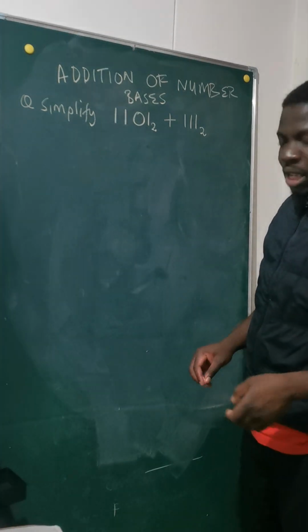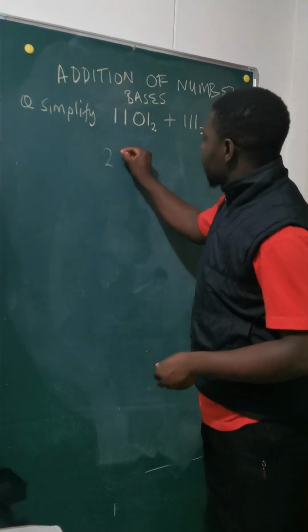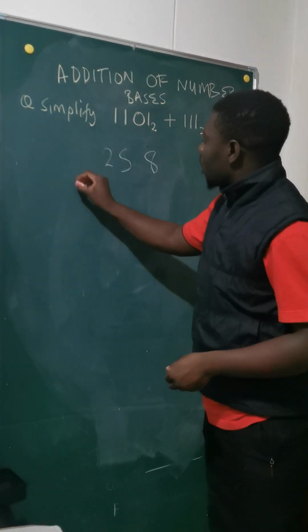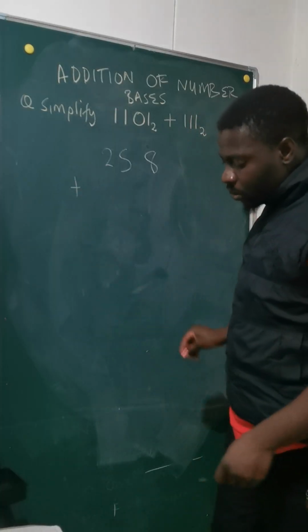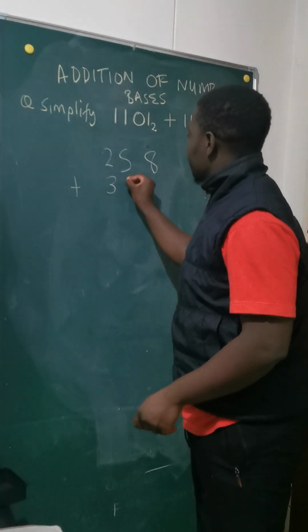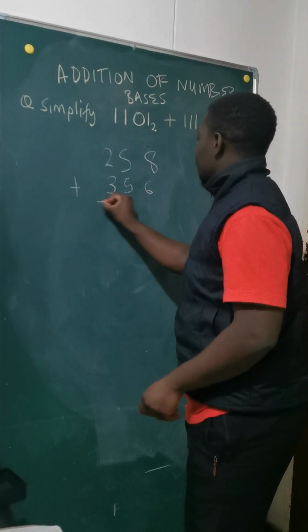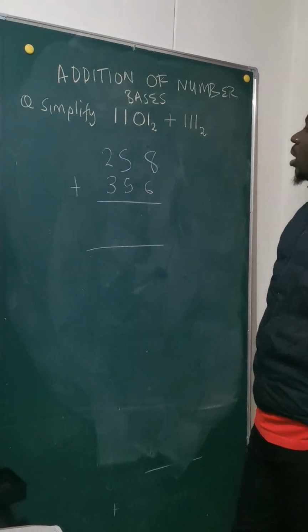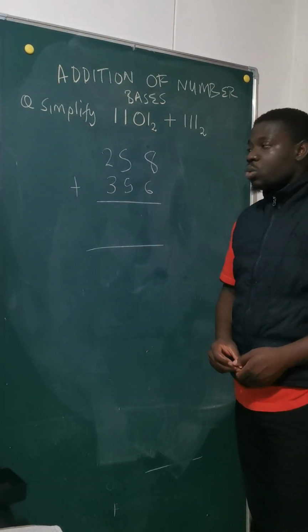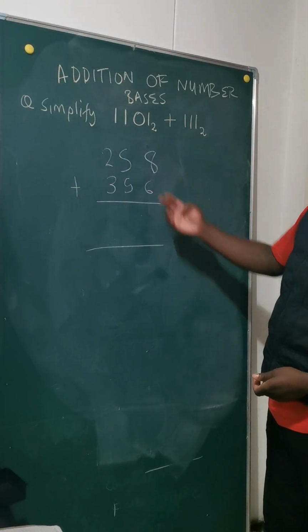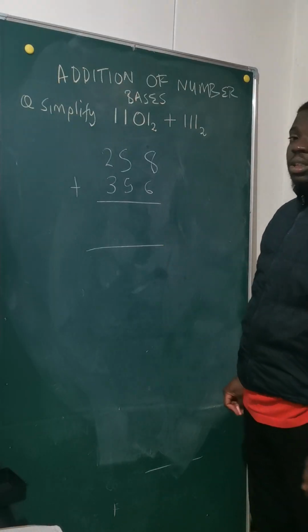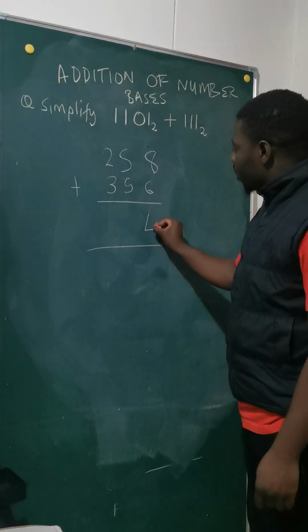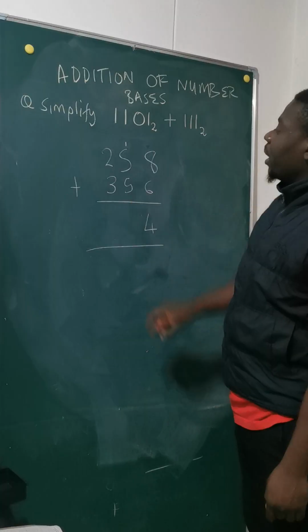So, for example, it says 25 base 8 plus 35 base 6, then it says 8. What we did in primary school would say 8 plus 6, which is 14. Then we write 4, then we carry 1.